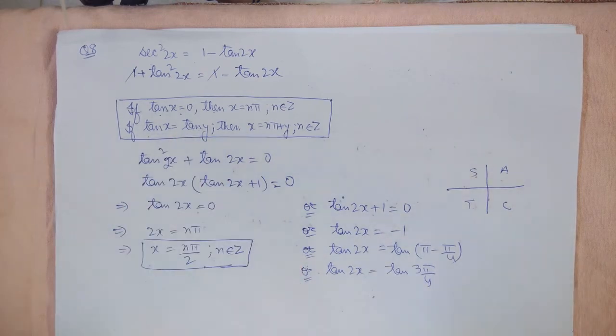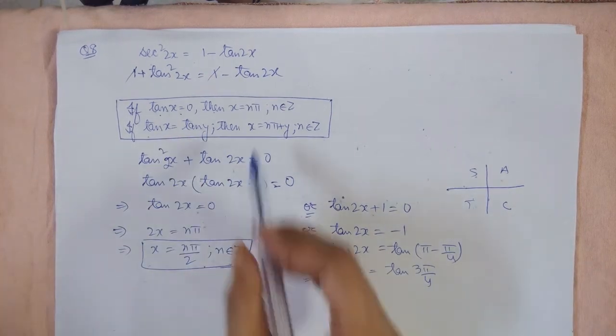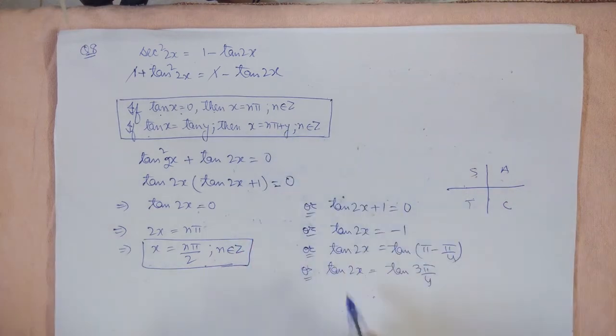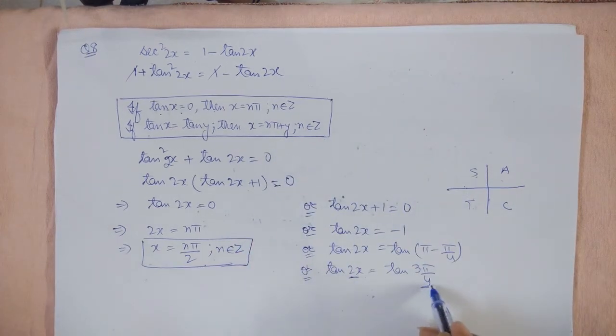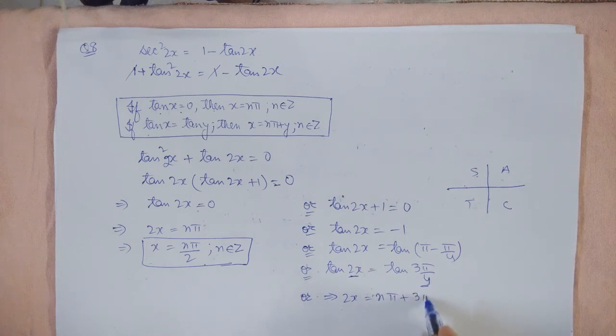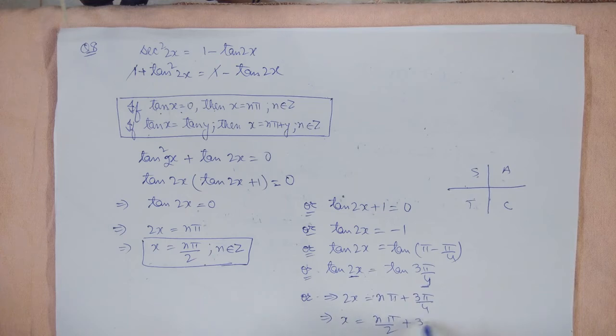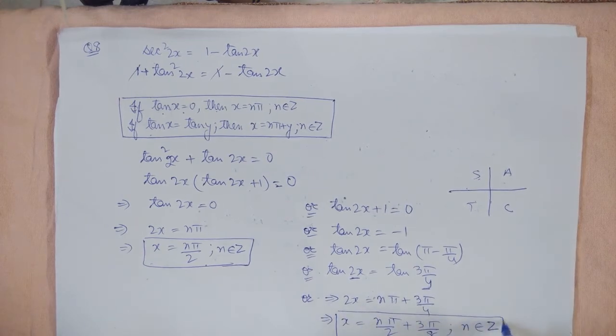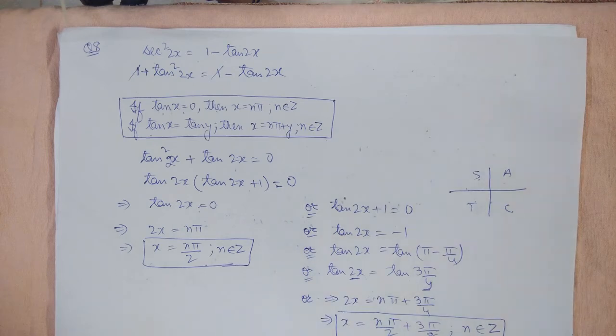Now apply this concept: tan x equals tan y, then x equals n pi plus y. So this is x and this is y. So this implies 2x equals n pi plus 3 pi by 4. Now find the value of x. X equals n pi upon 2 plus 3 pi upon 8, where n belongs to Z. So this is another solution of question 8.